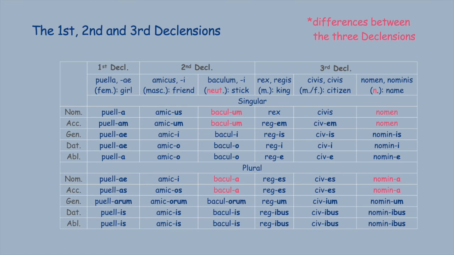So whether you look at the neuters of the second declension like baculum or of the third declension like nomen, they have special endings in the nominative and accusative. Not only are nominative and accusative endings for neuters normally the same, but nominative and accusative plural endings tend to end in a.